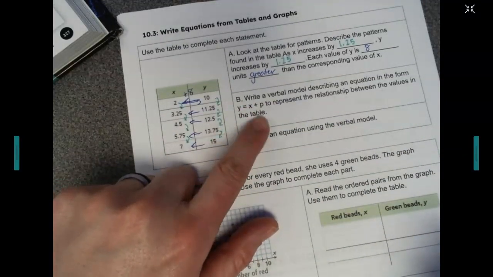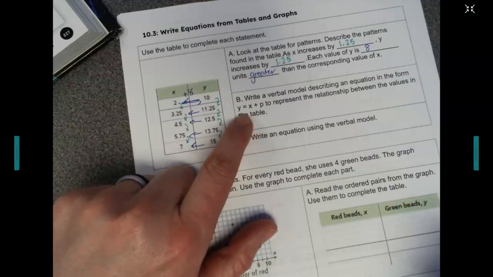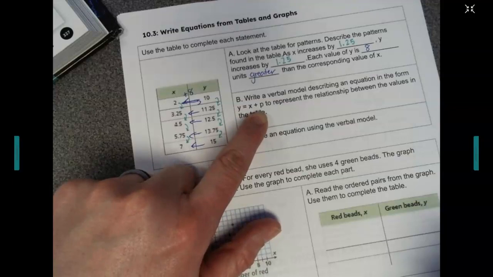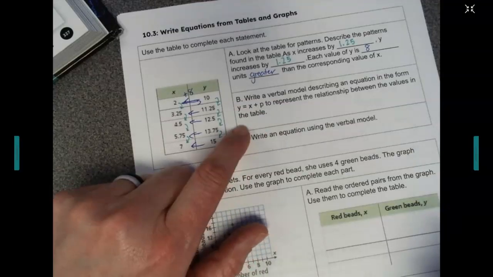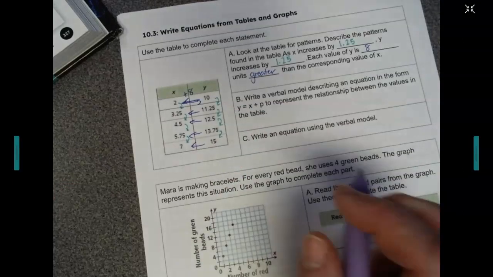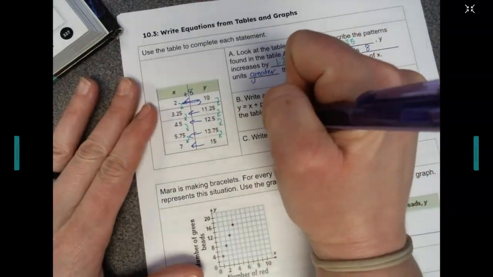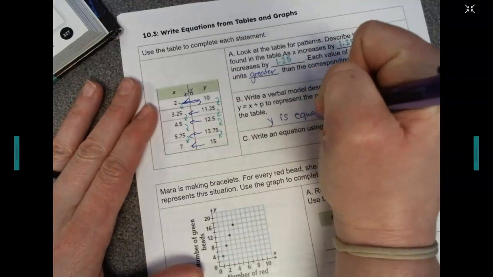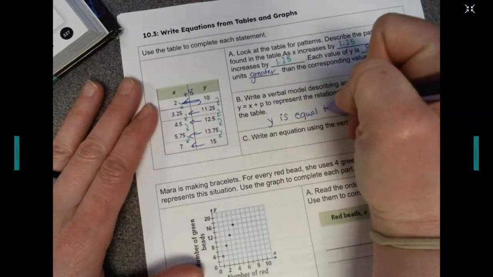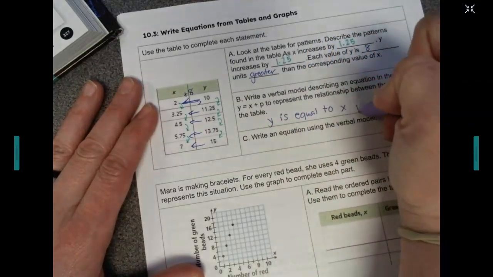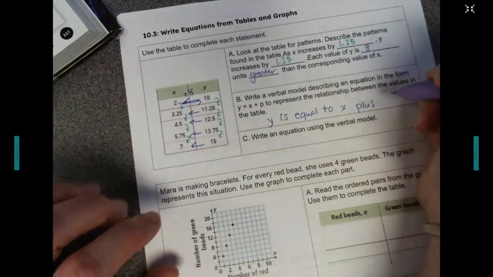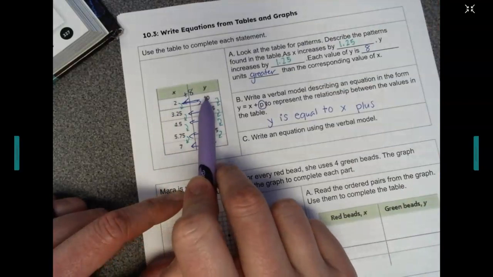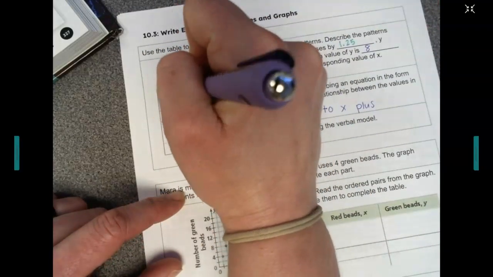Write a verbal model describing an equation in the form y equals x plus p to represent the relationship between the values in the table. So what this means is y is equal to x plus, now on here, instead of putting p, to get from x over to y, we have to add 8.